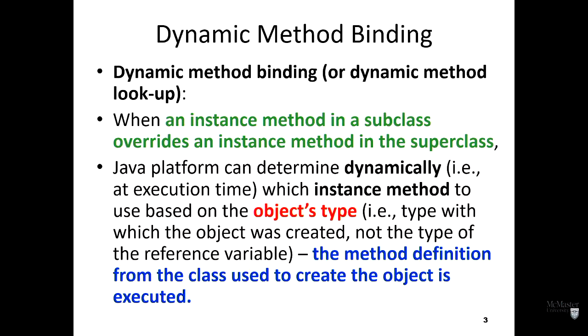Now, given the case we discussed last time, which is a parent and a child, you have two methods with the same name, like method overriding. During runtime, you don't really know, or the compiler doesn't really know, which method is going to be called, because it depends on the object you create, right? If you create an object of the parent, then it's going to be the parent one.